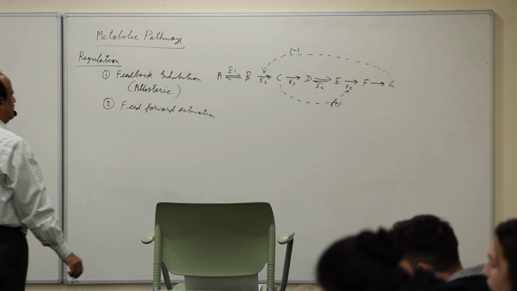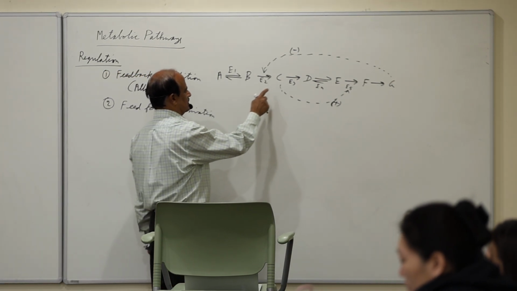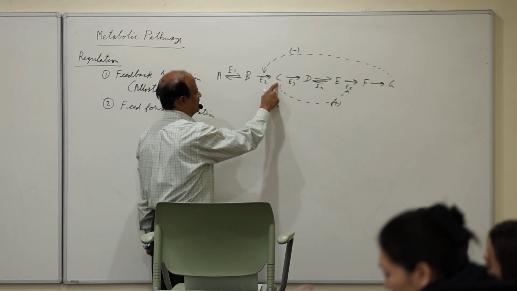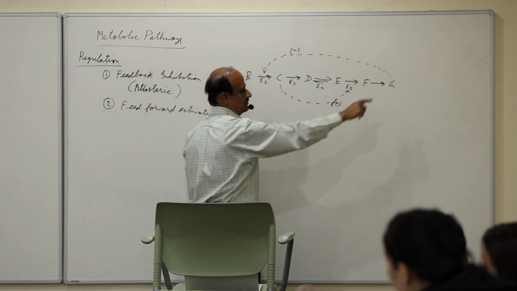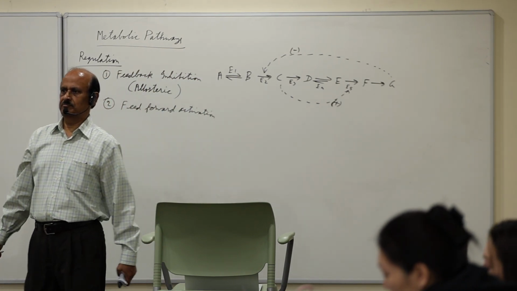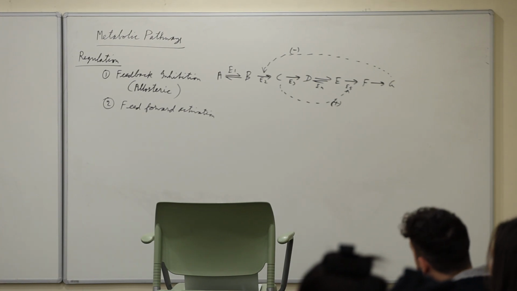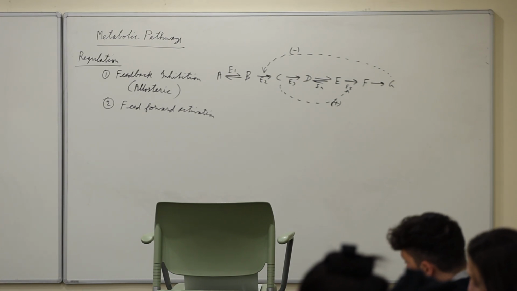So this is called feed-forward activation. That means as you form the compound C, that activates a later step in the pathway, getting it ready for the pathway to come to G, because that's the goal of the pathway. So it activates a later step in the pathway which was normally dormant.